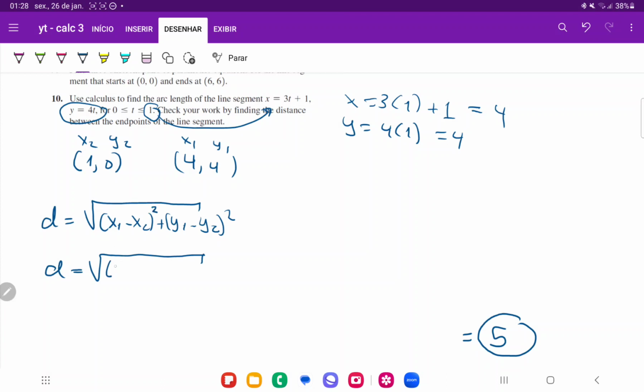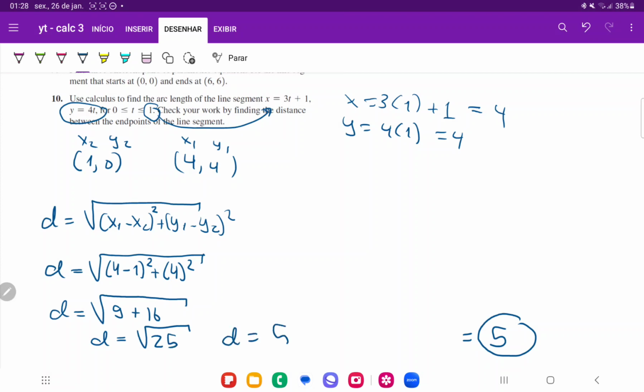We're going to have 4 minus 1 squared, plus y1, which is 4, minus y2, which is 0, so just 4 squared. And the distance is therefore going to be the square root of 4 minus 1 is 3, 3 squared is 9, plus 4 squared is 16, which means that the distance is going to be the square root of 9 plus 16 is 25, and thus the distance is going to be 5.